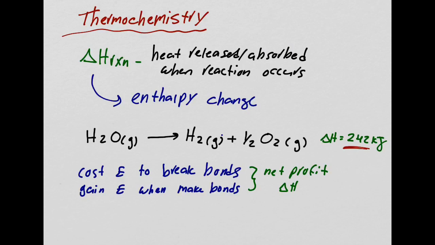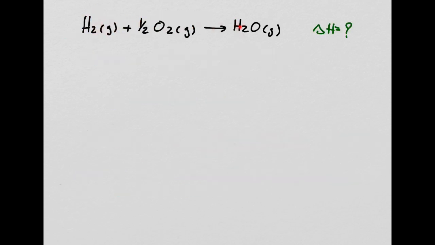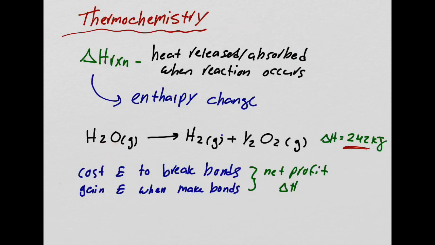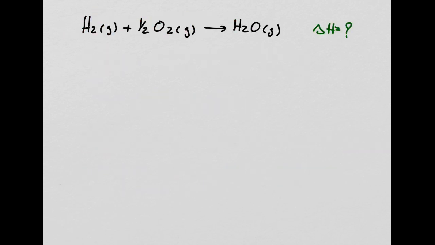Now, the reaction that I gave you over here has this delta H, and this reaction is flipped. Do you guys see that? I have water going to H2 and O2. Here, this is the opposite: H2 and O2 going to water. So it's pretty much the same reaction, but flipped. What do you think the delta H of this reaction is?